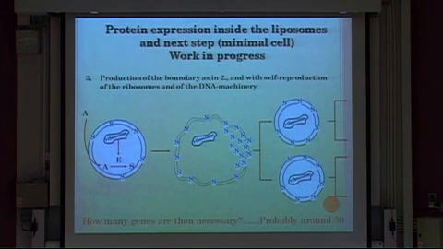Now, we are trying to do self-replication of this minimal cell, which implies the self-replication of all the components of the pure system, including the ribosome. The question, how many genes are necessary to arrive at a minimal DNA protein cell, we calculate around 50, but we have to see with experimental work whether this ambitious number is possible.